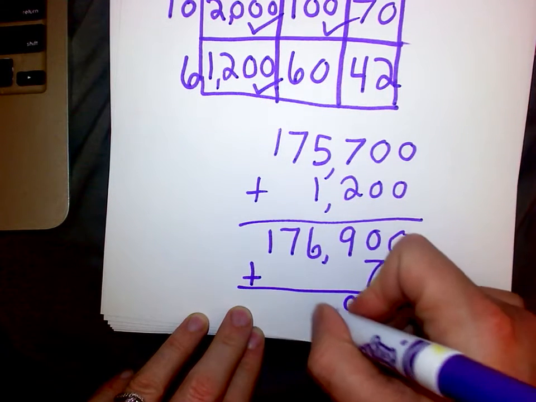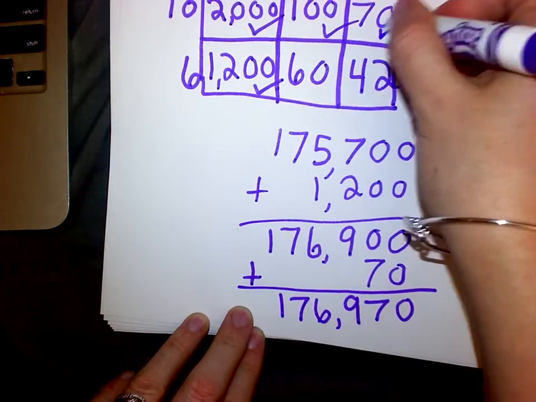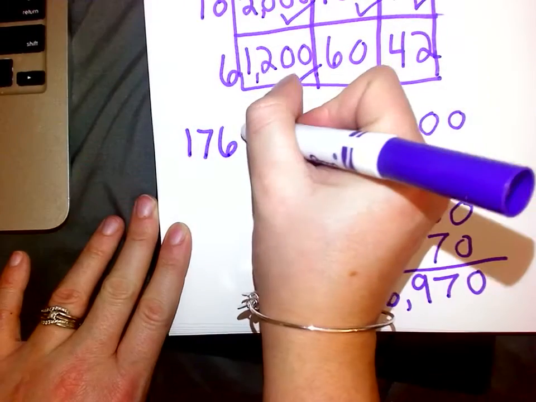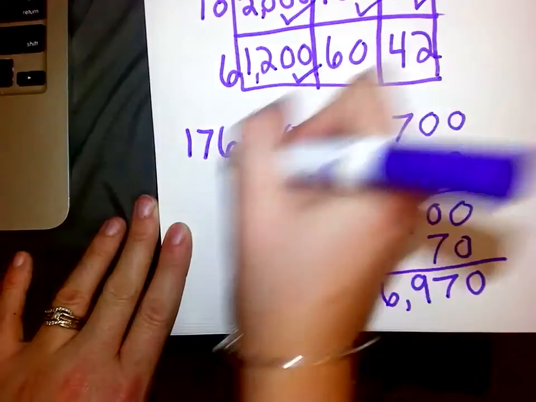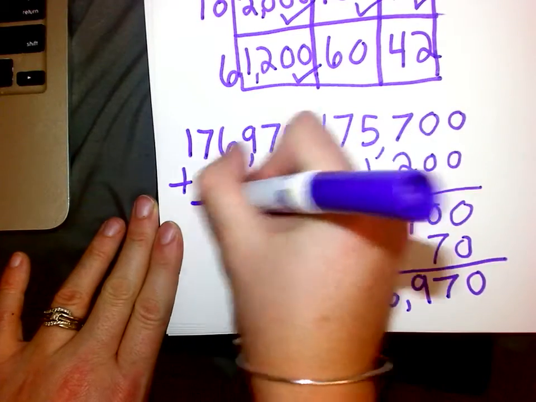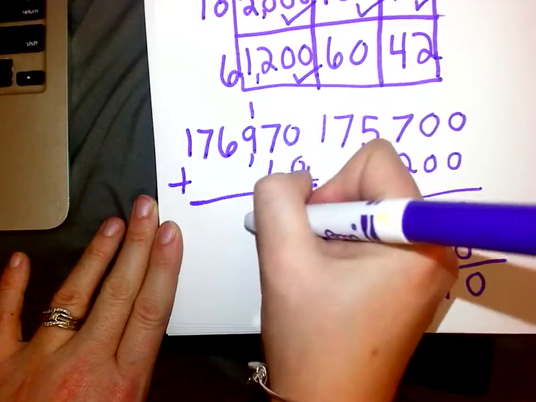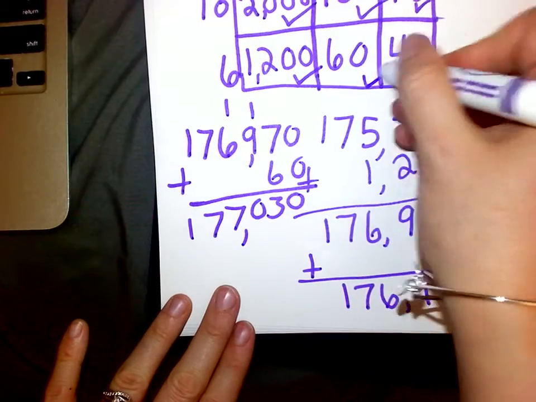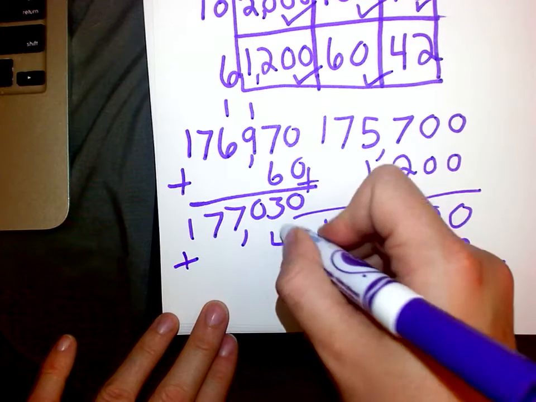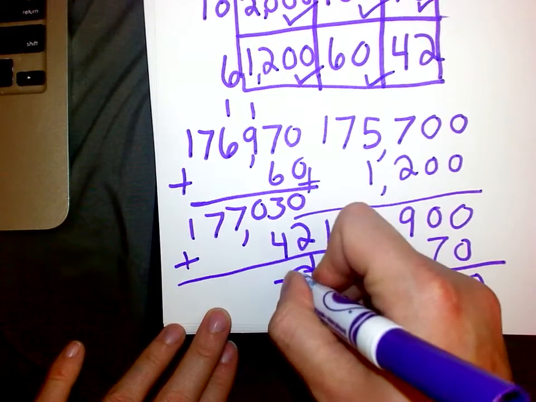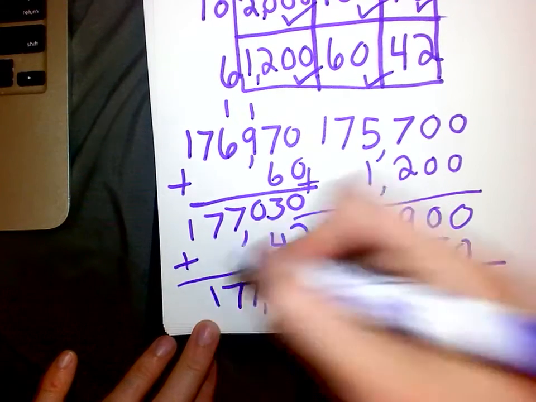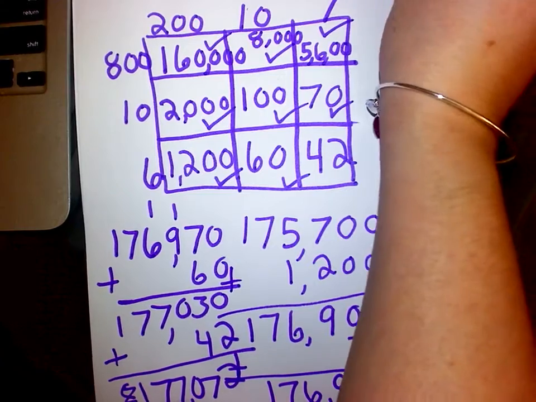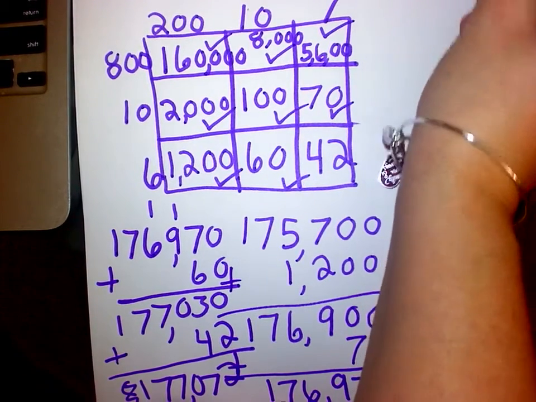Okay. 100, we're at 176,970 plus 60. Okay, and then plus the 42. So 177,072.